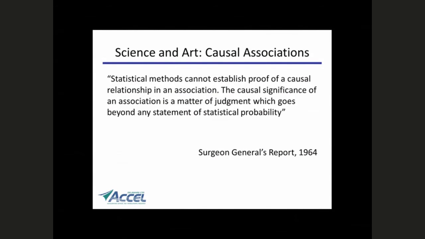It brings in societal judgment and scientific judgment, and it goes beyond any statistical probability. If you think about terminology like a p-value of less than 0.05, there's this larger way of thinking in a systematic way about what it means to be a cause that brings in societal and scientific value.